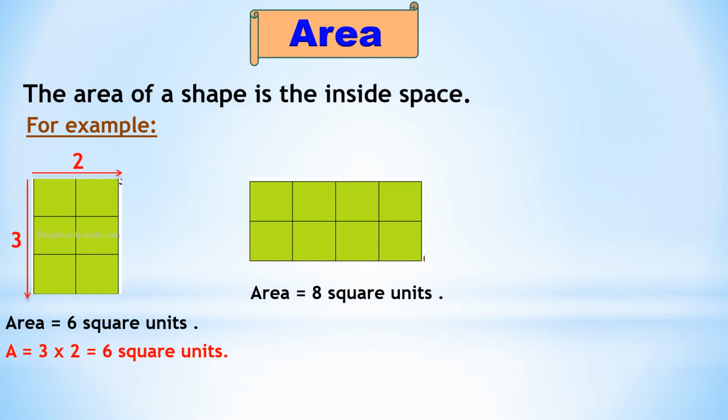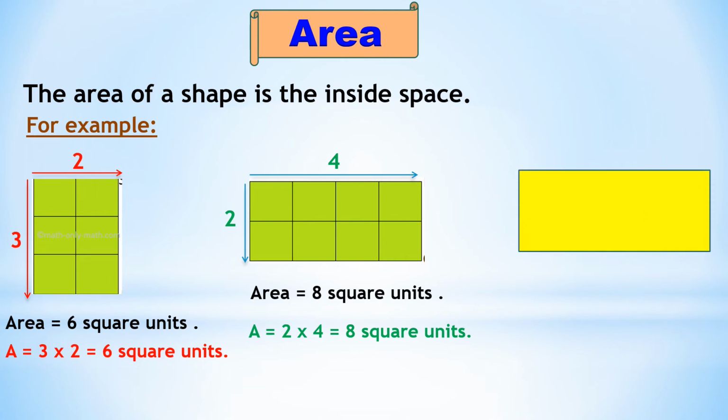If I wanted to find it by another way, I have here 2 rows and 4 columns. 2 times 4 equals 8. They are the same. Now, if I have this shape, I don't have any squares inside it.